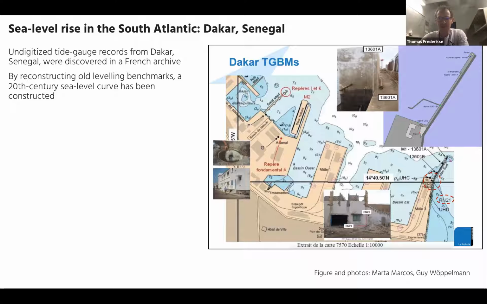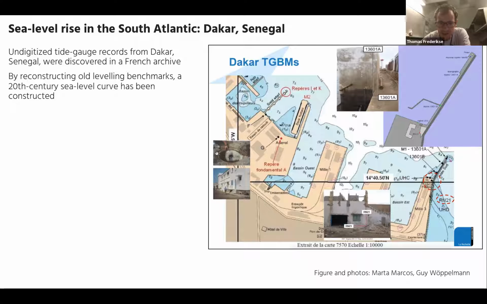And one thing that you have to know, if you measure sea level with a tide gauge, especially when you have multiple instruments, what's important is that you have a benchmark, so you can say the height of sea level relative to a stable benchmark, for example, a rock or a geodetic marker. But luckily, they found information on these benchmarks in this archive. So a group of people went to Dakar, and they found all this old benchmark information.